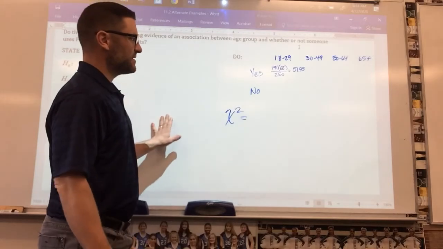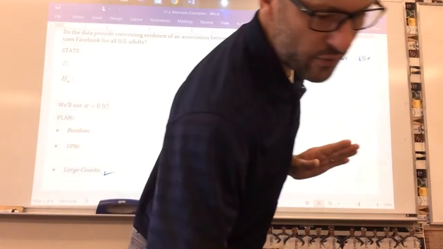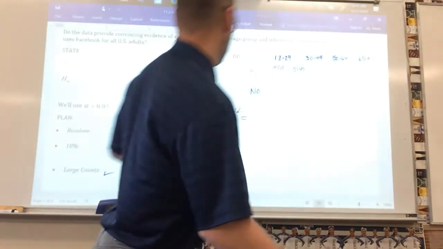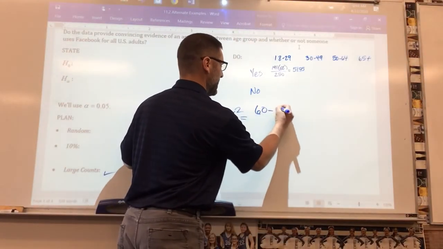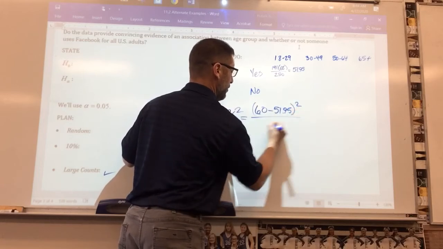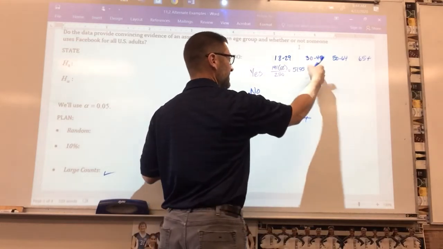Chi-squared test statistic. So observed minus expected. The observed value that I got, 51. Nope, I got 60. We have 60 up in the chart minus 51.95 squared all over 51.95 plus the next cell.